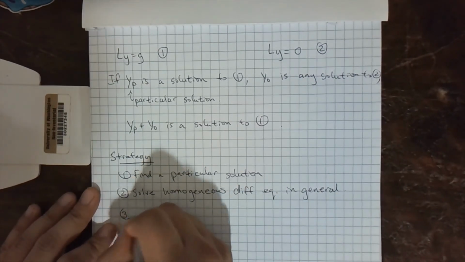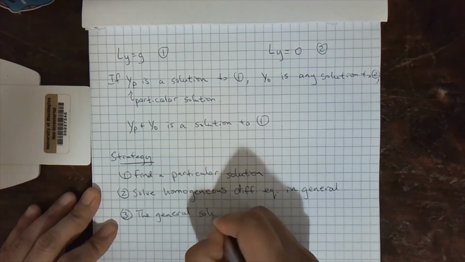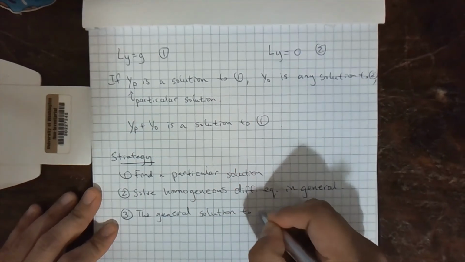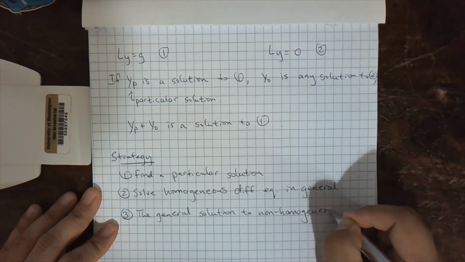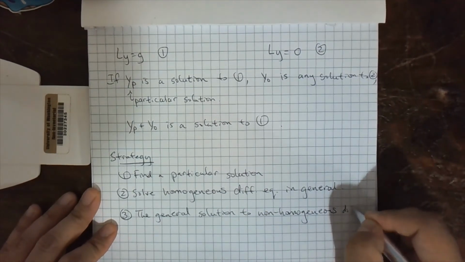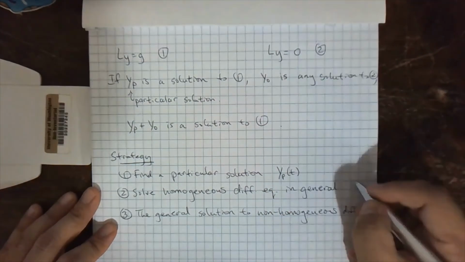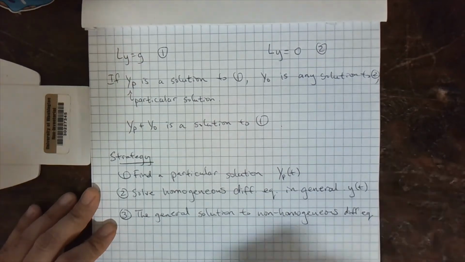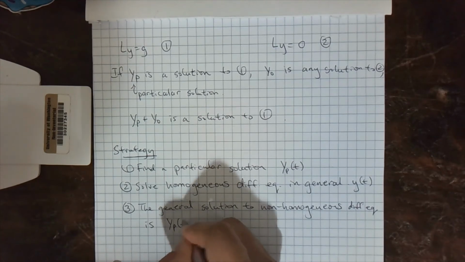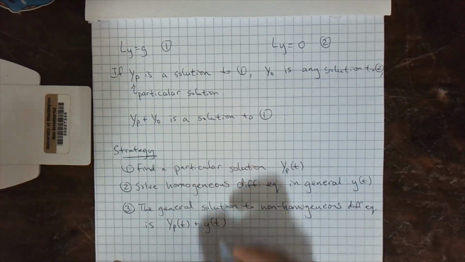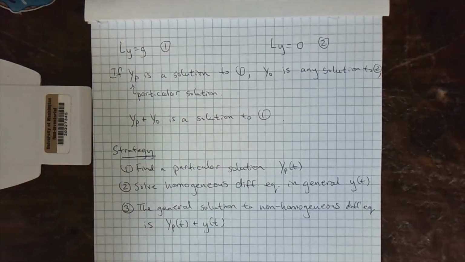And then the general solution to the non-homogeneous differential equation will be the sum of the two. So if we called this yp of t, and we called this one y of t, then the general solution here is that particular solution plus this general solution. Usually this one will have one or more constants, and this one will be just one specific function.